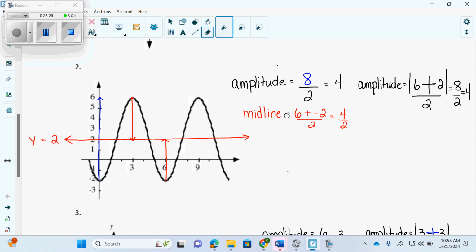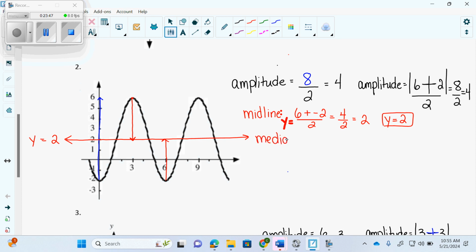Your midline, y equals 2. And then what's my median value? 2. You see the difference? One is y equals and the other one is just the value.